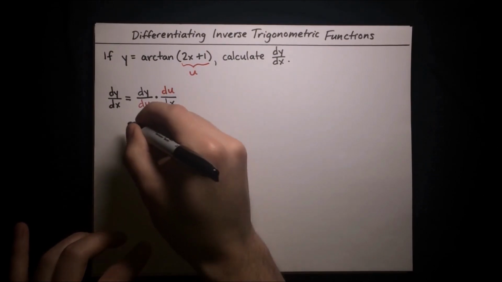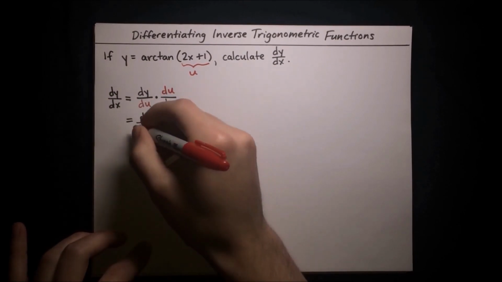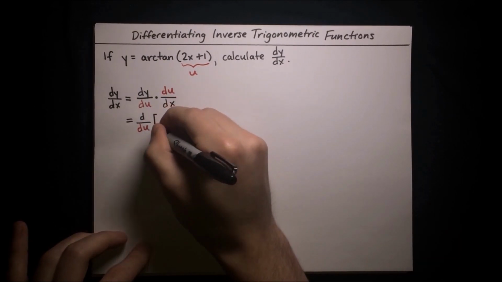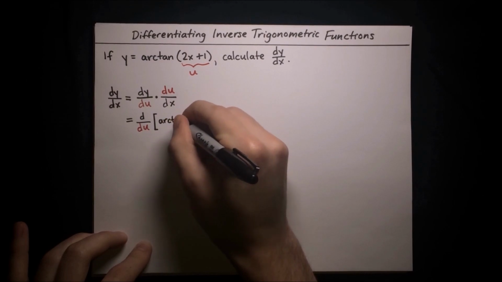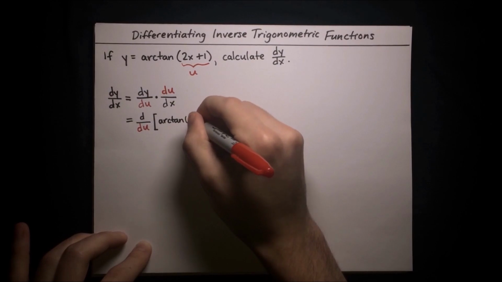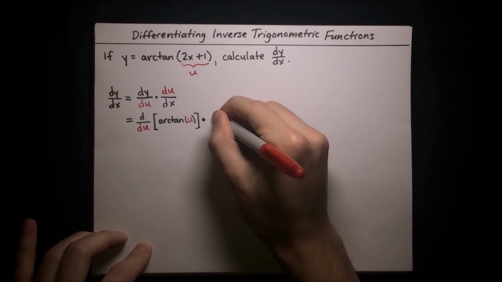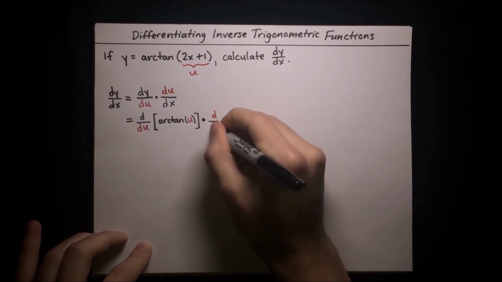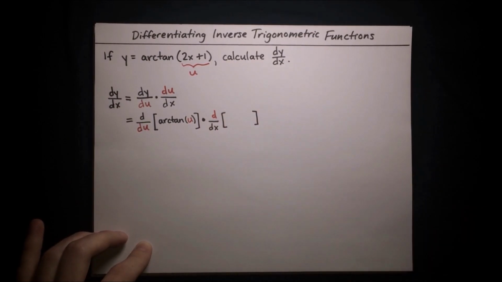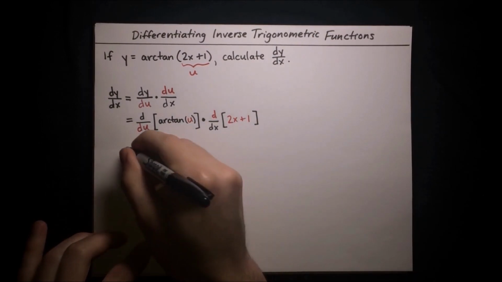So let's go ahead and substitute into here. So dy du is the derivative with respect to u of our expression for y in terms of u, which is just arctangent of u. And then we're multiplying that by the derivative with respect to x of our expression for u in terms of x. And u is just 2x plus 1. So let's go ahead and compute this.